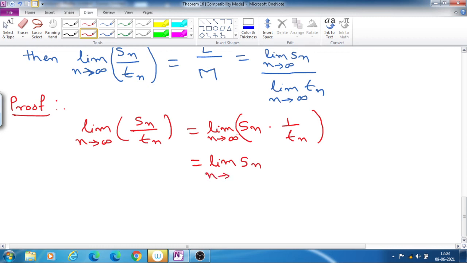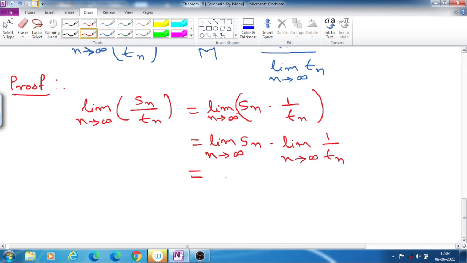So limit of Sn as n tends to infinity into limit of 1 upon Tn as n tends to infinity. Now this is equal to limit of Sn as n tends to infinity into 1 upon limit of Tn as n tends to infinity.